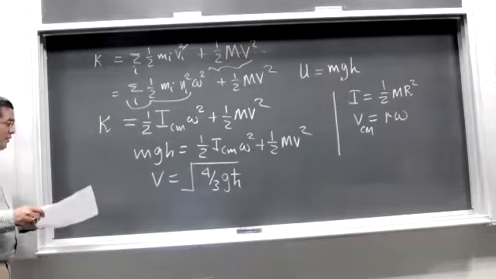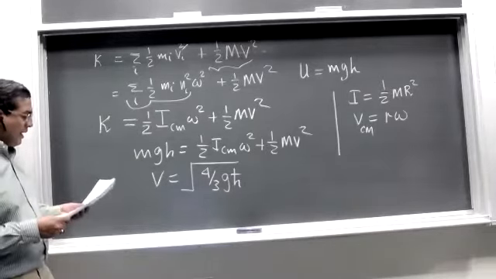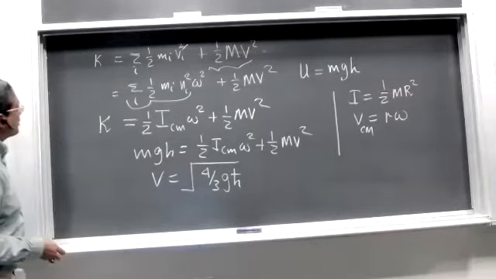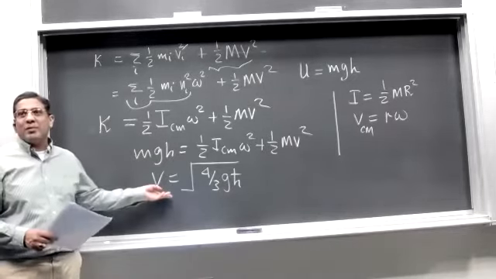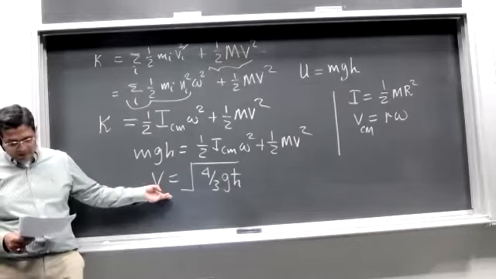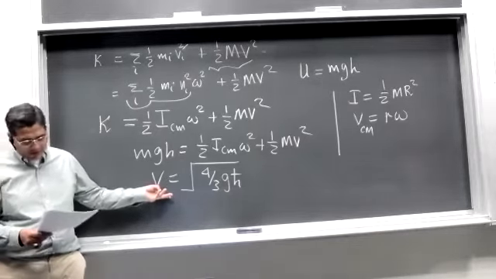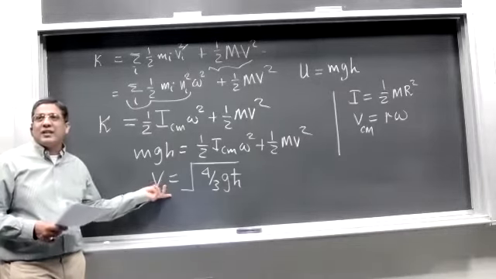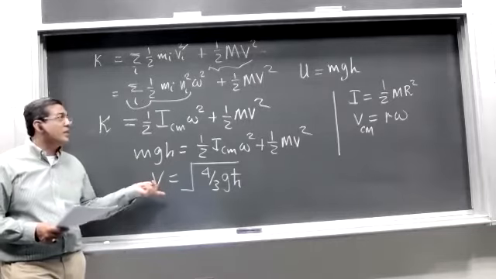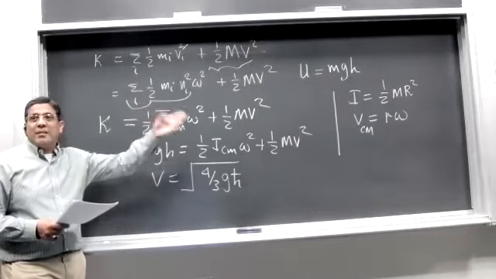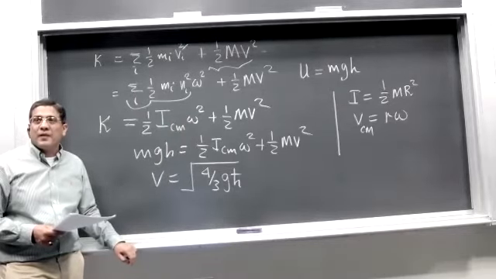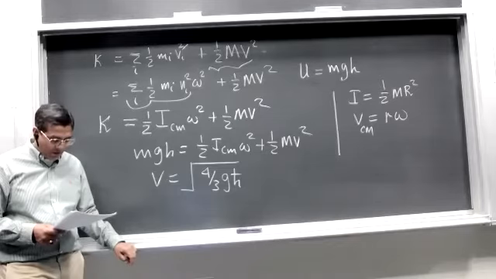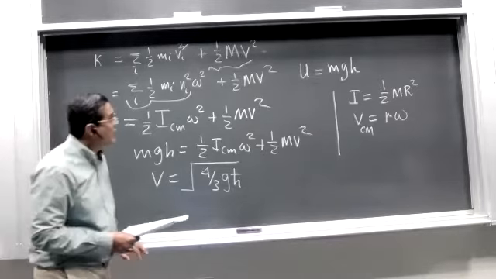But let's make sense of what this means. Let's say you had a block sliding down, with or without friction, it doesn't really matter. Using the conservation of energy, if you had a block sliding down the same plane, what would be its final velocity? Can someone solve it? Any ideas?